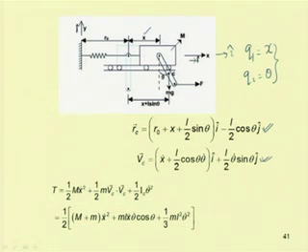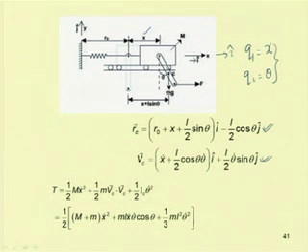So, the kinetic energy of the system can be written as half m, where m is the mass of this cart, so half m x dot square plus half m v c dot v c, where v c is the velocity of point C. As this point has both translation and rotation, the kinetic energy will be the kinetic energy due to translation and the kinetic energy due to rotation.